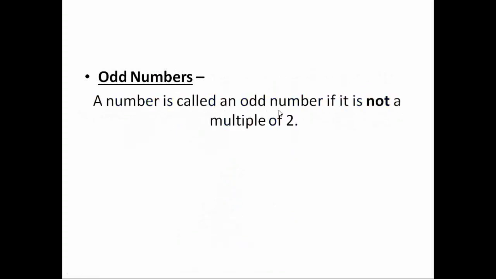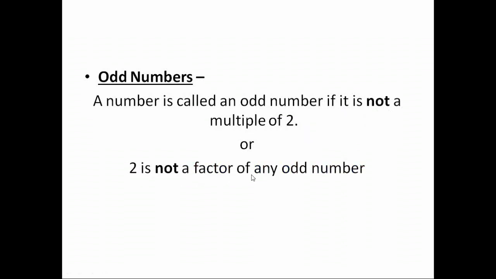Okay, odd numbers. Now what are odd numbers? A number is called an odd number if it is not a multiple of 2. Not a multiple of 2 means which cannot be divided by 2. Or we can say 2 is not a factor of any odd number. So 2 cannot be a factor of any odd number.